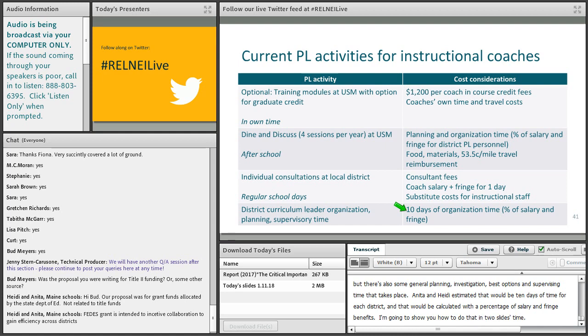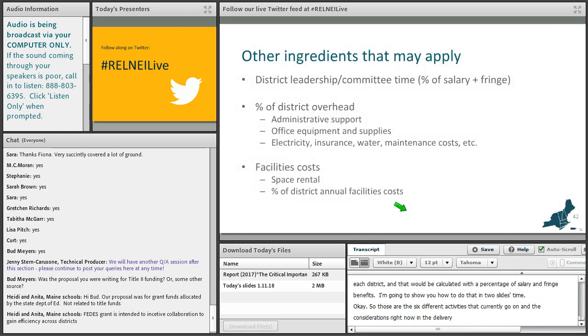Okay, so those are the 6 different activities that currently go on and the considerations right now in the delivery by the individual districts. Some other ingredients you might want to consider, because I really talked mostly about personnel costs there, but also some of the obvious materials and fees.